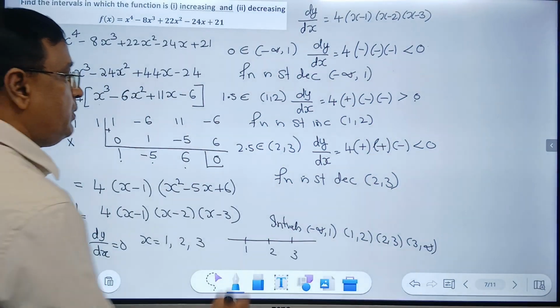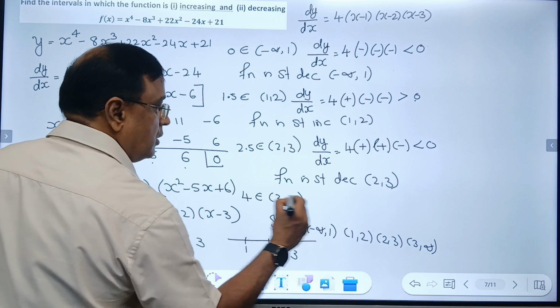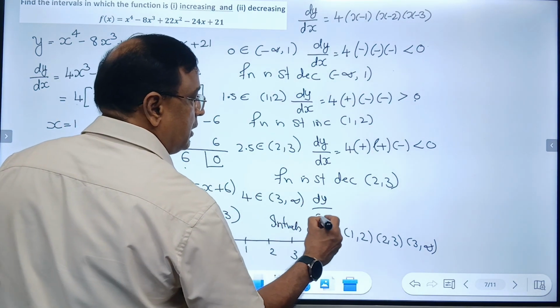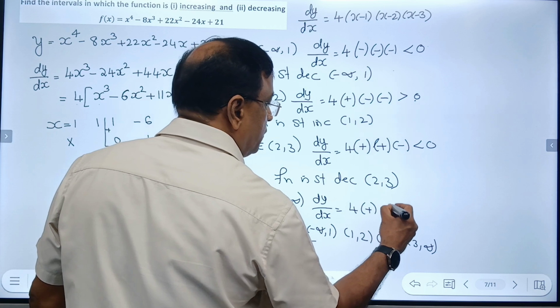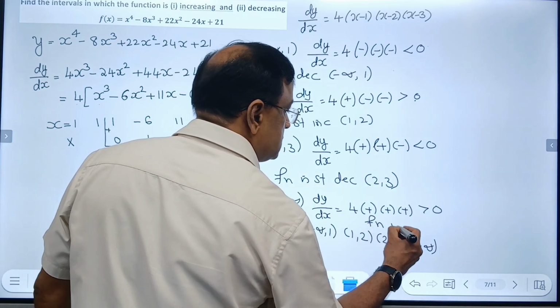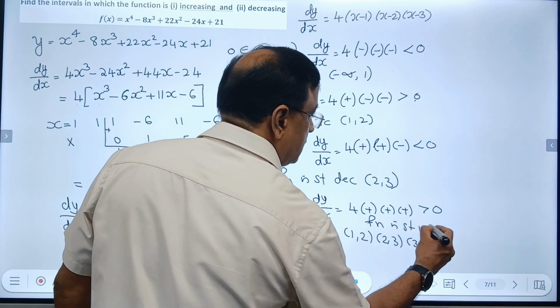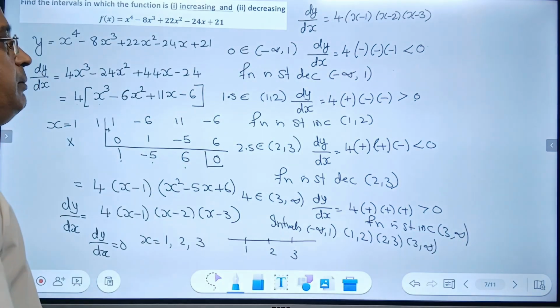Now choose a number between 3 and infinity. Here you can choose 4 and I substitute in dy by dx. What do I get? 4 into positive. Therefore, the function is strictly increasing in 3 comma infinity. So what will be my conclusion?